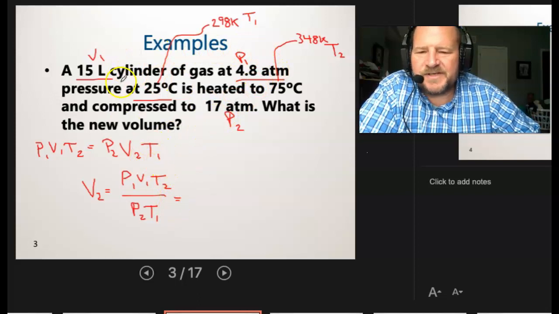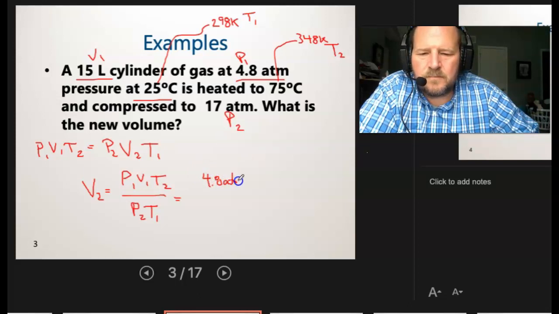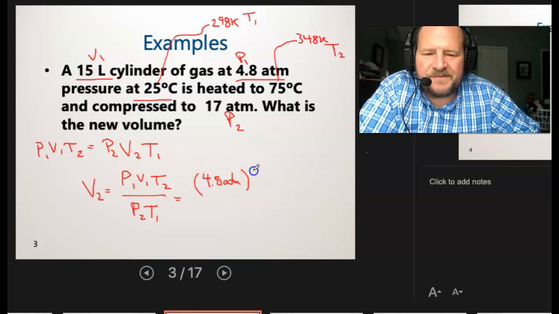So P1 we said was going to be 4.8 atmospheres. We're going to multiply that by V1, which we said was 15 liters.